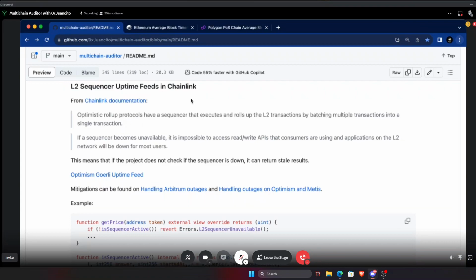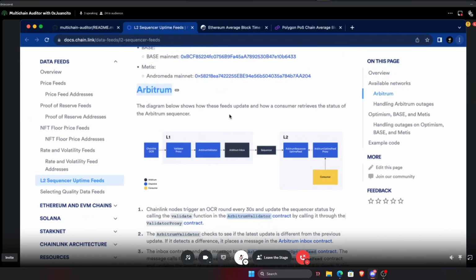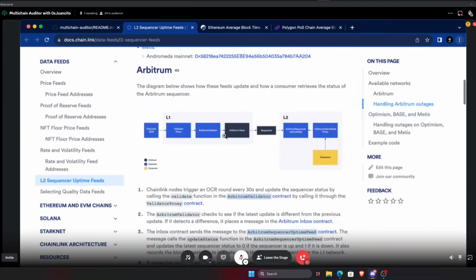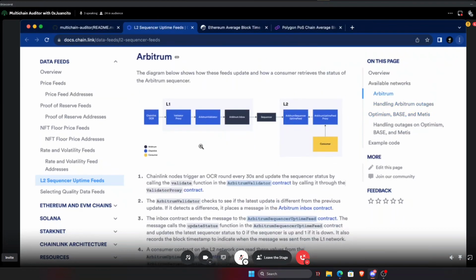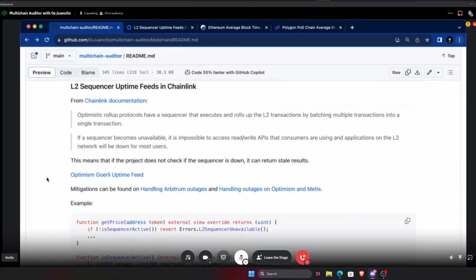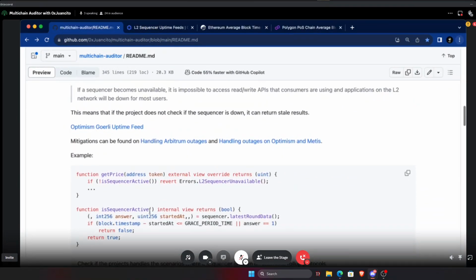So Chainlink has some recommendations in their documentation. If you are using Arbitrum or Optimism, Base, or Metis, they have specific checks that you want to use while you are checking prices in Chainlink. There was some example here that I got from one finding in one protocol.